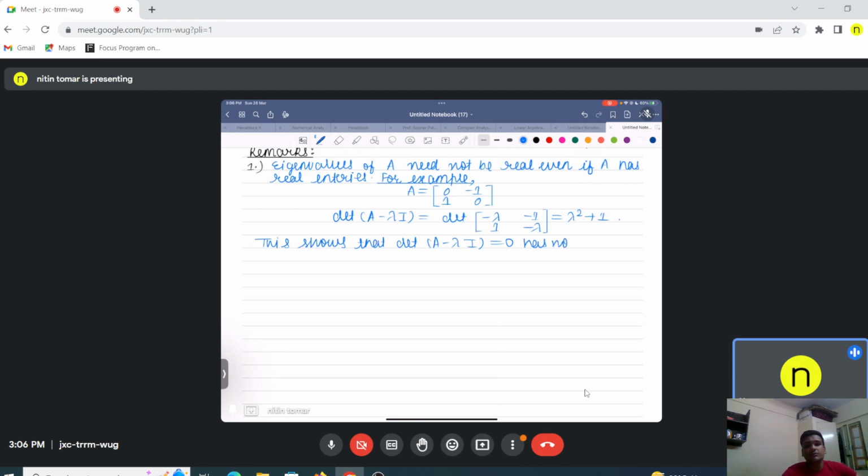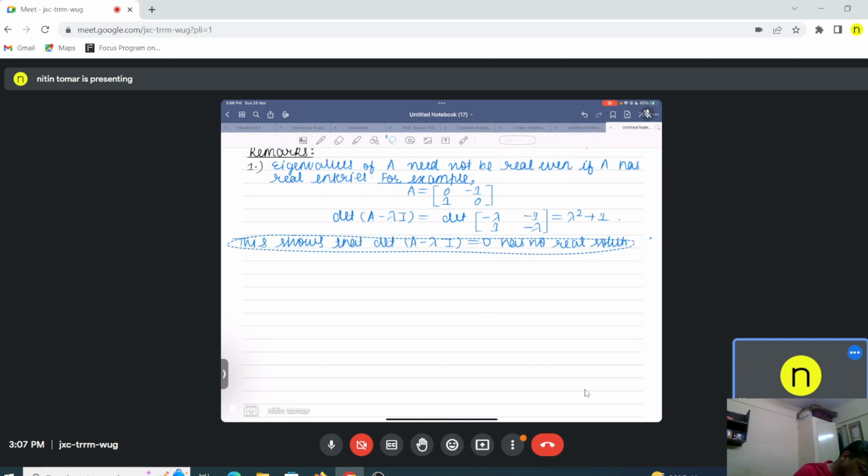Because lambda square plus 1 cannot be 0 for any real number. No real solution.